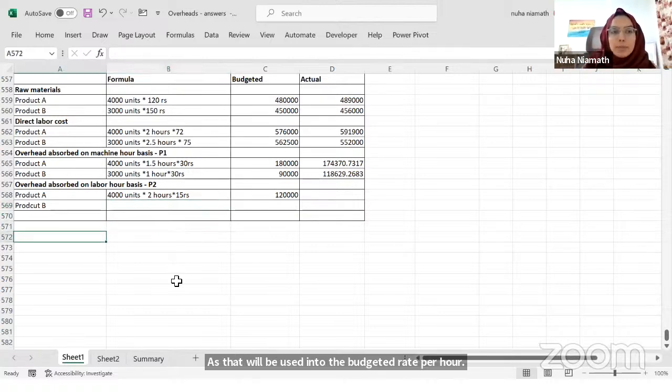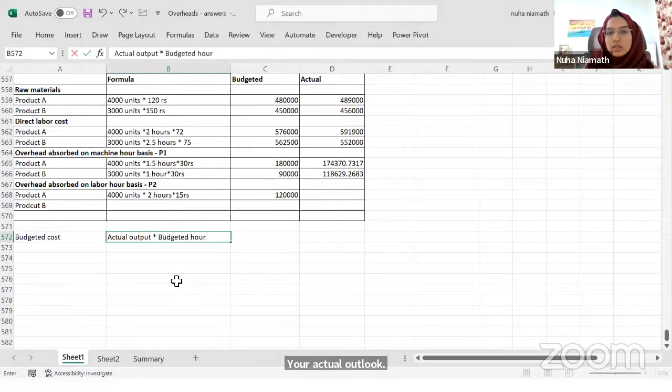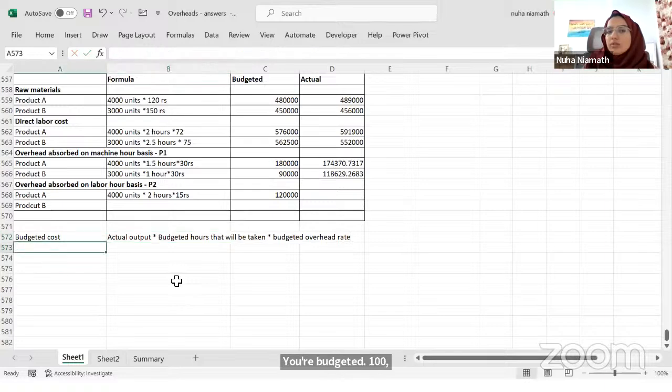Let me just make a note of it here so that those of you who are confused can make some logic out of it. Your actual output into your budgeted hours that will be taken into your budgeted overhead rate or your predetermined rate that we just calculated.